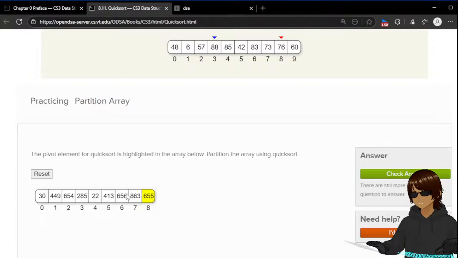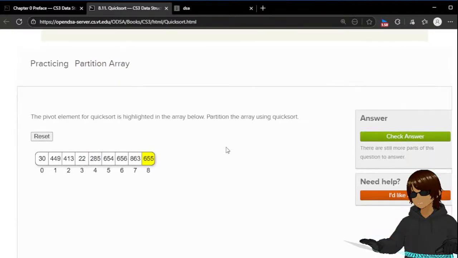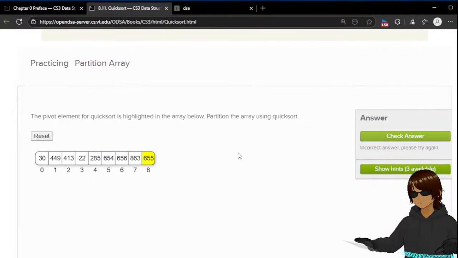So these two swap. 258 and 413. We keep the pointer at 645, right? This will swap with 413. And then these two will swap at the end, right? Wrong.